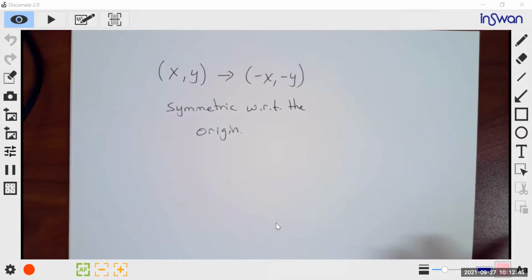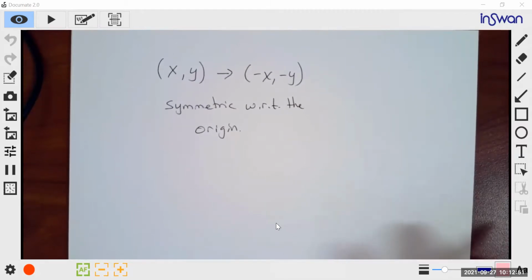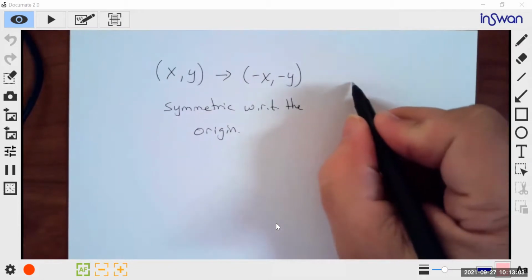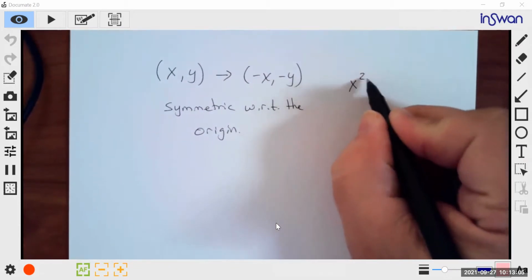All right, so that's what you have to look for there. If x and y's both change, then it's symmetric about the origin. Let's look at this example.